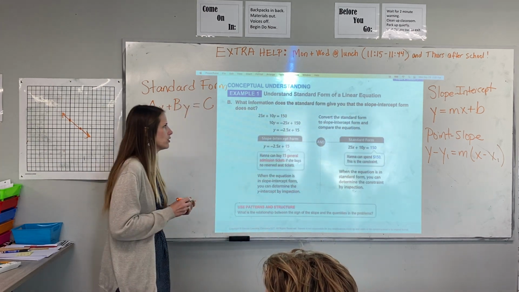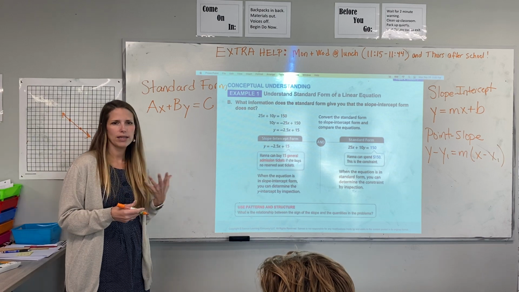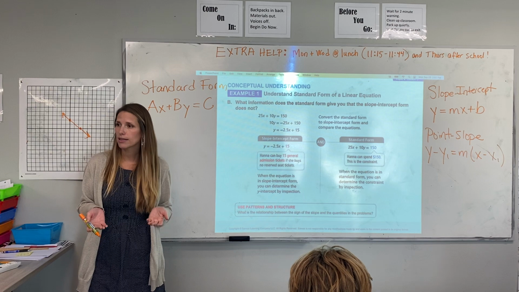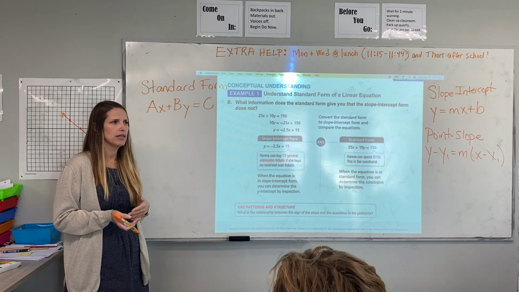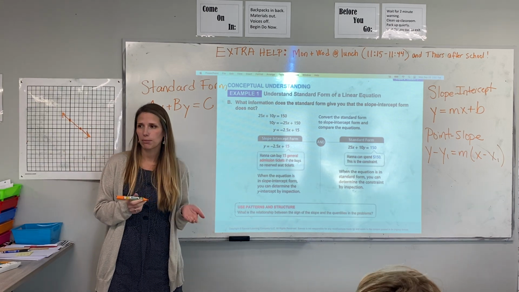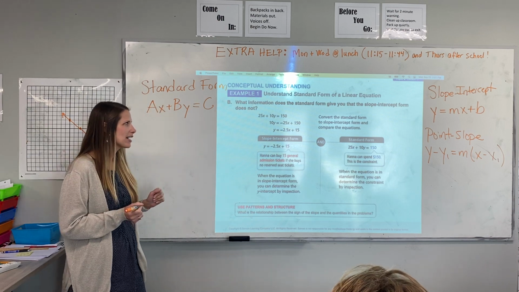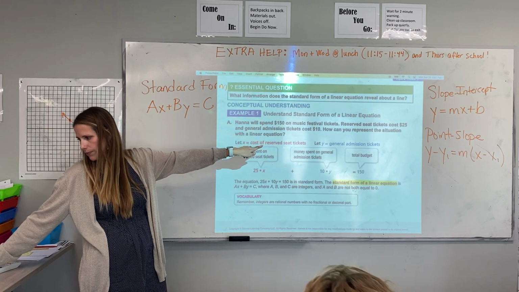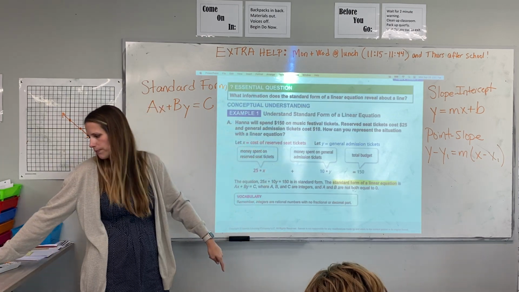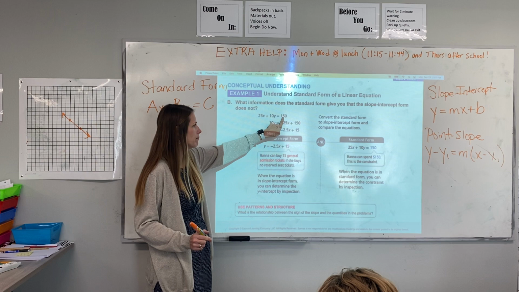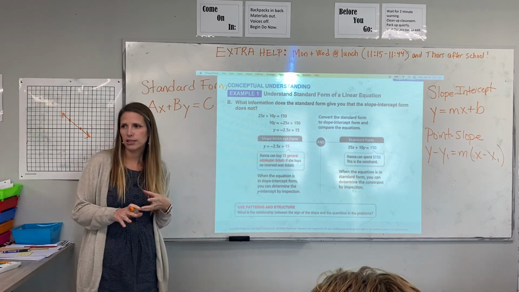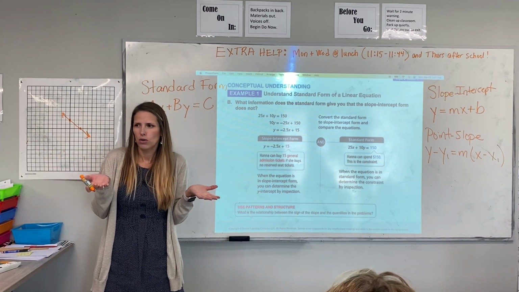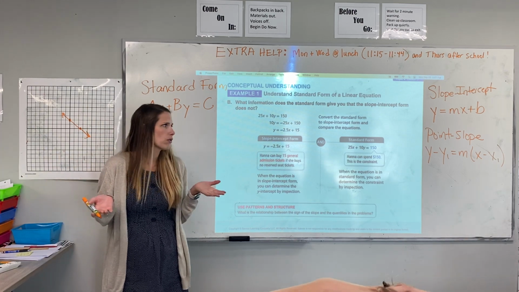The next thing we're going to do is examine what information standard form gives us, and compare it to what a form like slope-intercept form might give us. We can take this equation in standard form and rearrange it into slope-intercept form, then compare what information is given in each form.